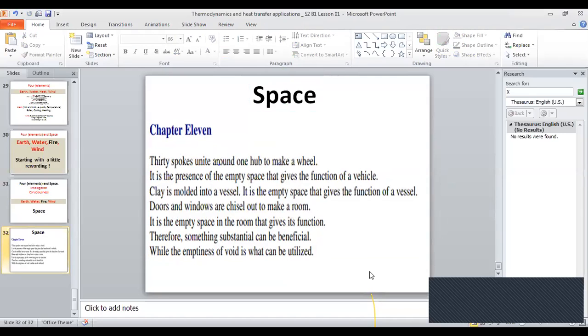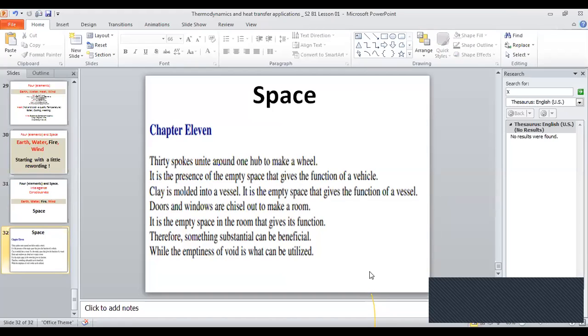Chapter 11 says: 30 spokes united around one hub to make a wheel. Bicycle, we call it tire with the rim. Anyway, it's a bicycle wheel.